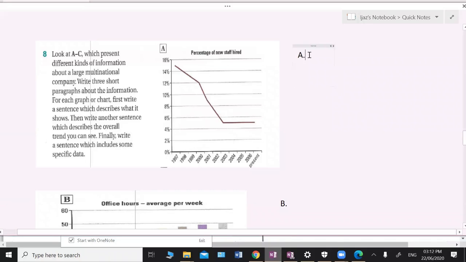Yes. This graph shows the percentage of new staff hired. Just percentage or some changing percentage trends? Oh yeah, changing percentage. Okay.